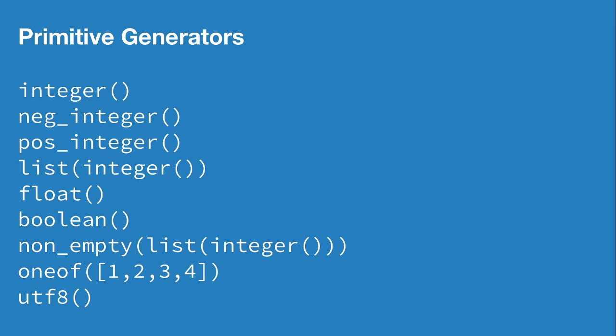But other than that, we really want to focus on the idea of property testing. And here we've got primitive generators. So you've got your integer, or a negative integer, or a positive integer, or a list of integers, or you've got a way to force, say, that you want to very specifically only test non-empty lists. You've got some modifier generators as well.